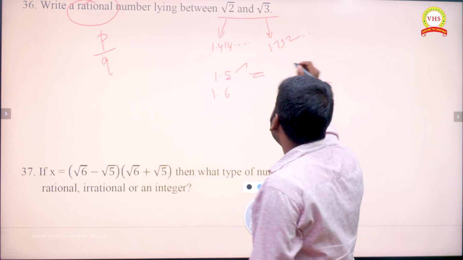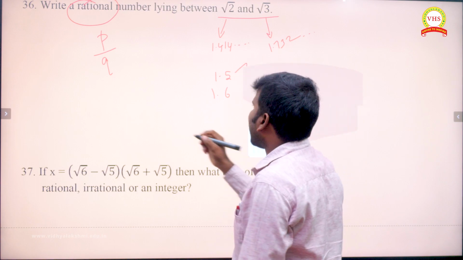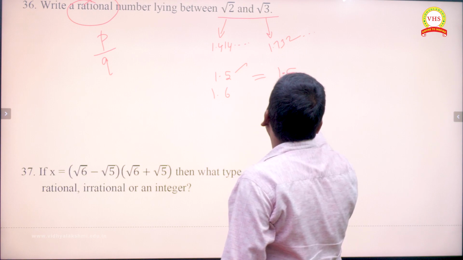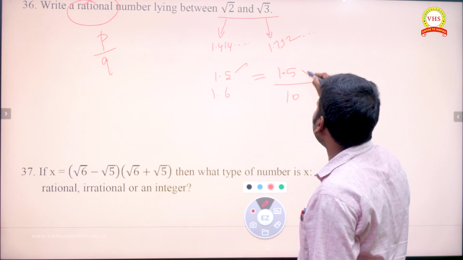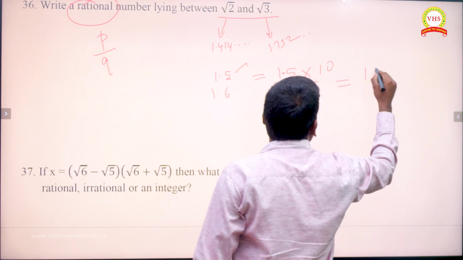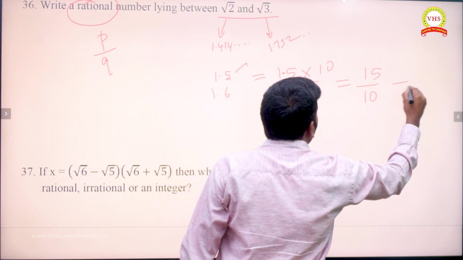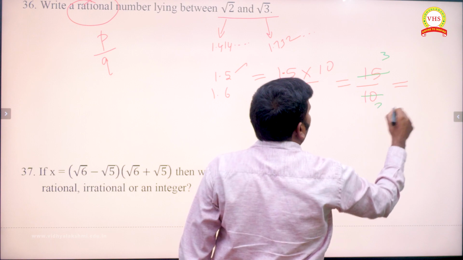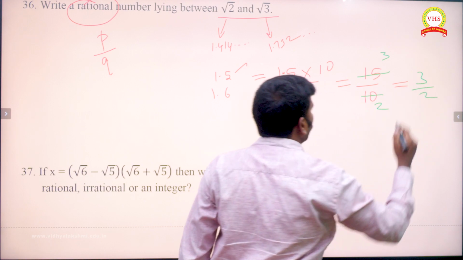If you want to write this 1.5, you can write in P by Q format also. So 1.5 divided by 10, multiplied by 10. So what am I getting? 15 divided by 10. When you cancel with the five table, 3 fives are 15, 2 fives are 10, which is equal to 3 by 2 we are getting.